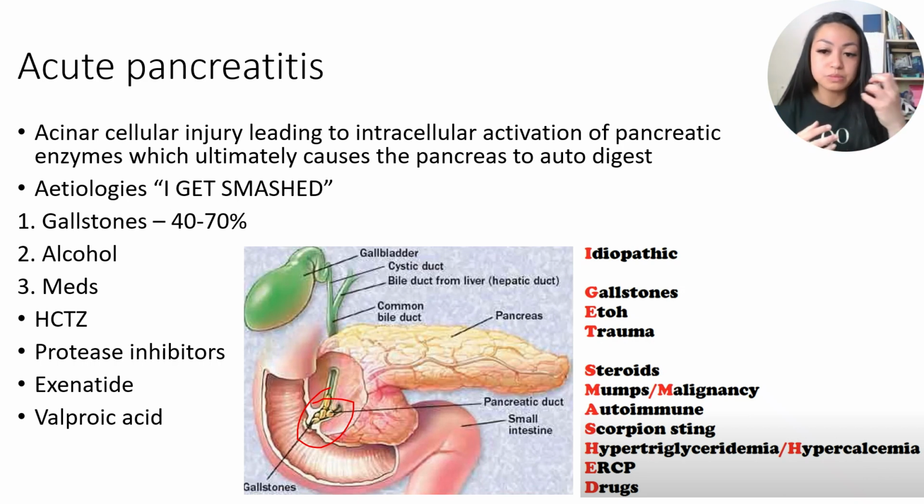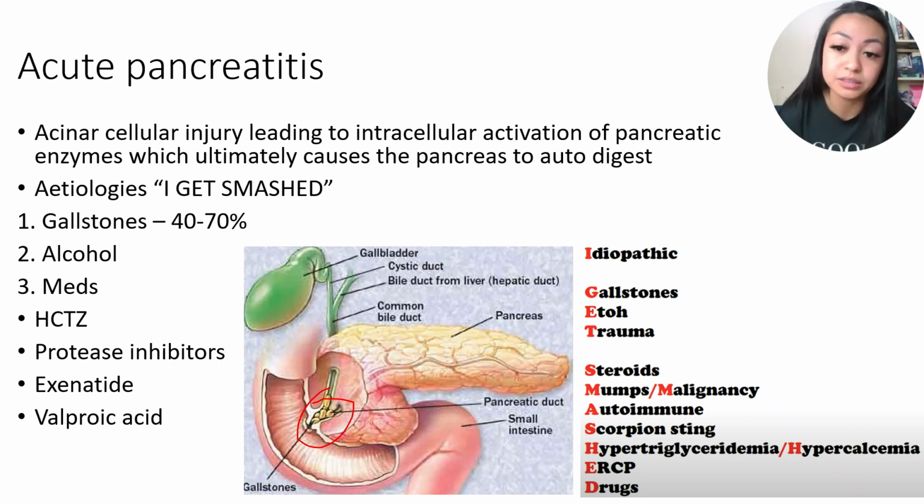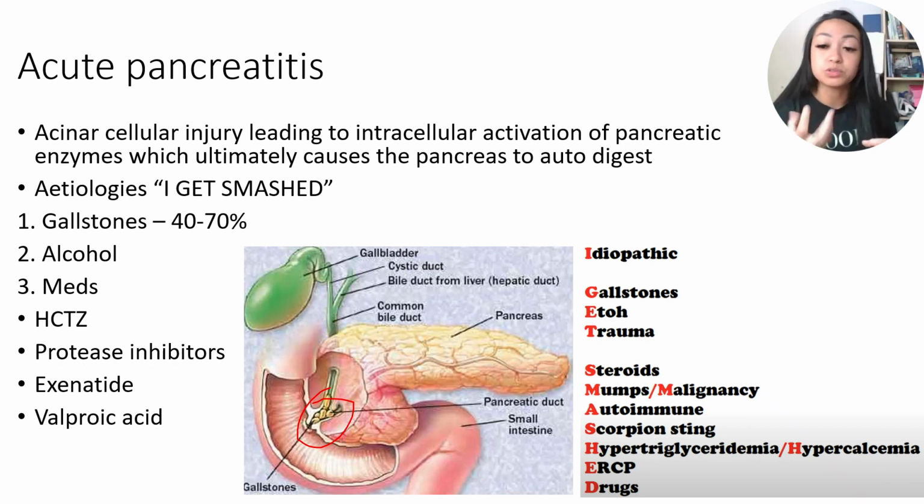Gallstones being lodged in the common bile duct prevent the pancreas from secreting the digestive enzymes. These digestive enzymes stay within the pancreas, get activated, and can cause the autodigestion of the pancreas. Okay, so that's the main cause, gallstones. Remember, gallstones, acute pancreatitis, don't forget.